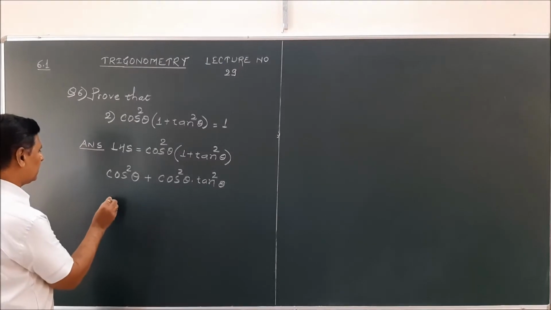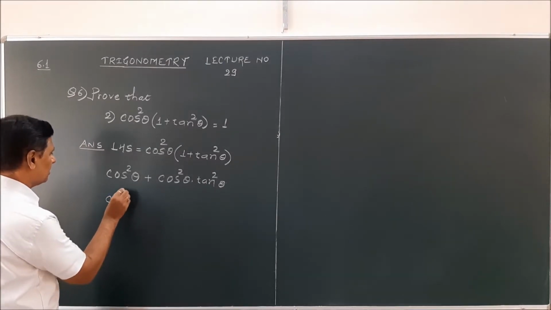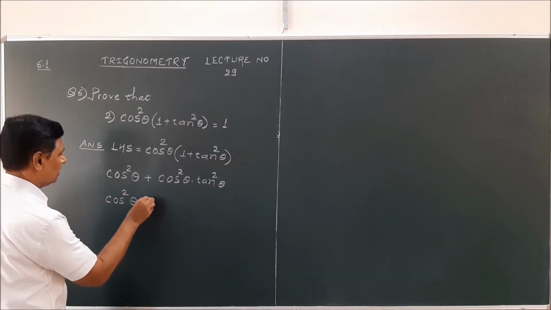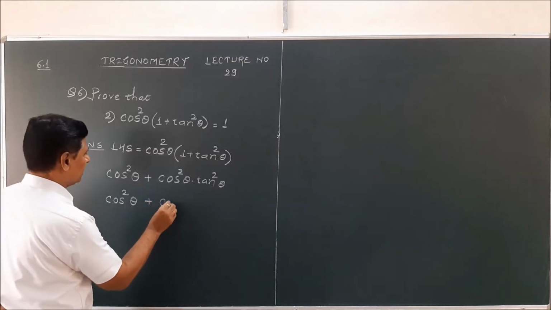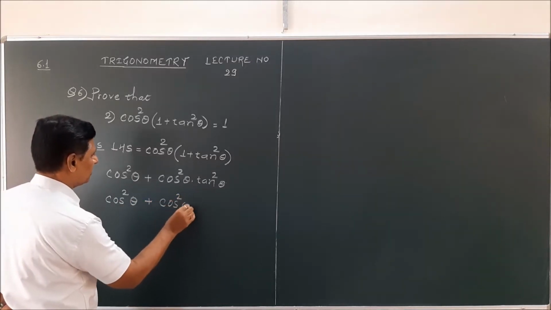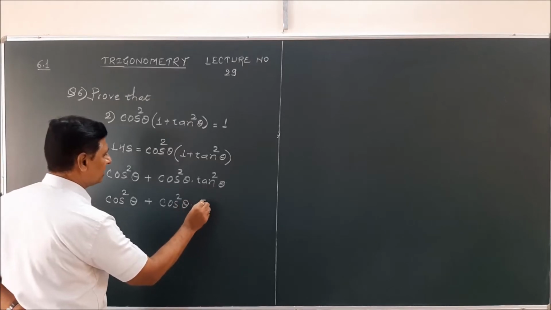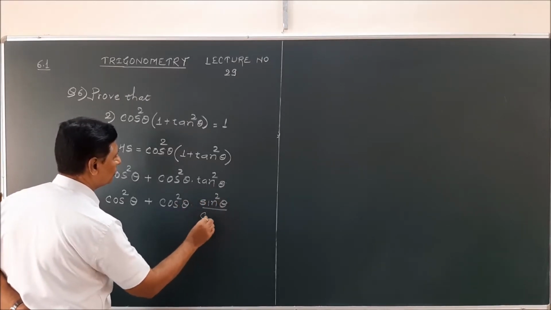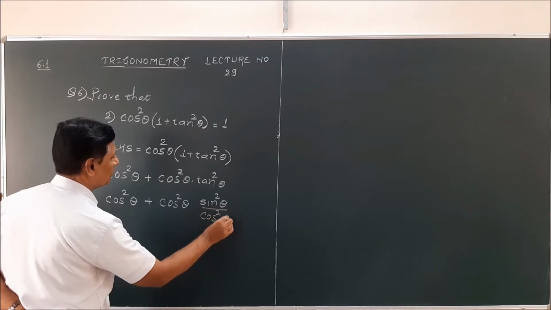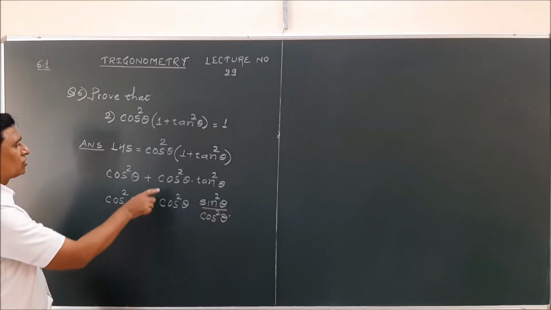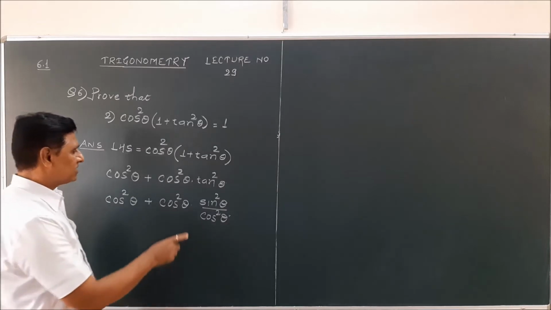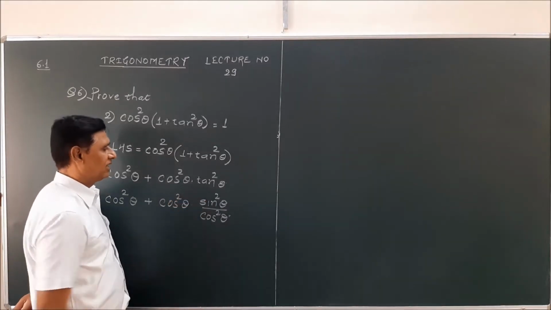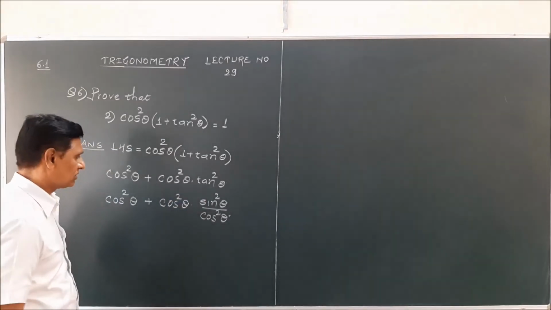Now this cos square theta as it is, plus this cos square theta is also as it is, plus tan square theta I am going to replace as sin square theta upon cos square theta. Cos square theta as it is, tan square theta I have written as sin square theta upon cos square theta.